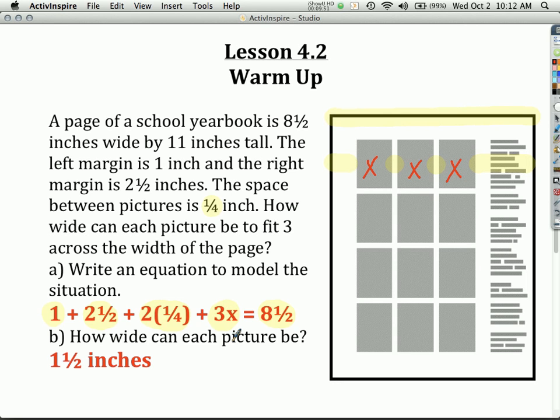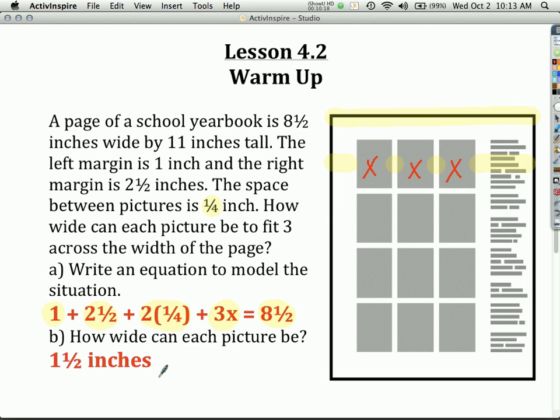So you could have written an equation that looked like mine. Instead of this, you could have put 1/4 plus 1/4. I saw some people did that mentally and did 1/4 plus 1/4 is 1/2. So I don't want you to mark this wrong if you don't have this exact equation. If you have all of these pieces somehow represented and you got the right answer, then you've got an equation that works.